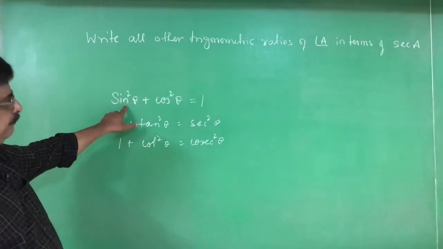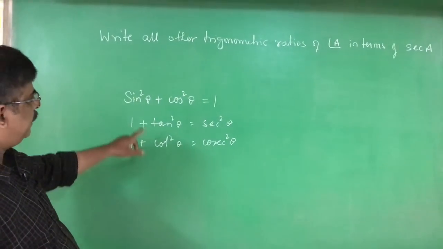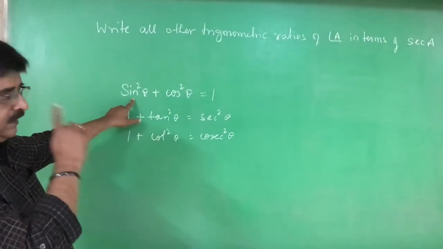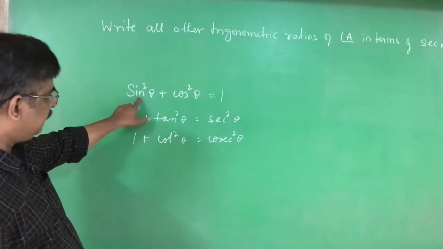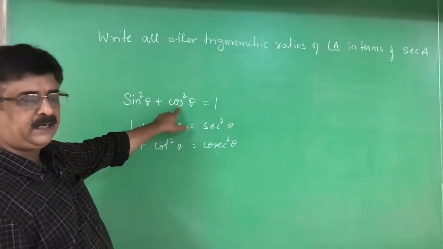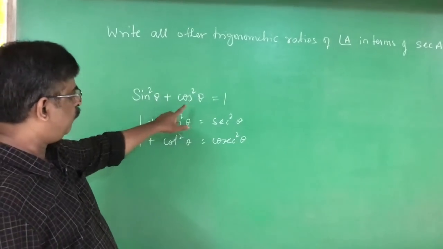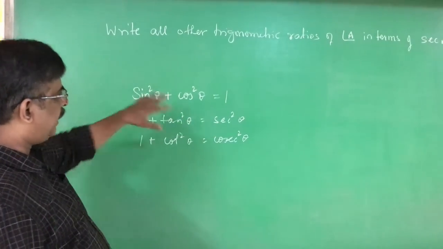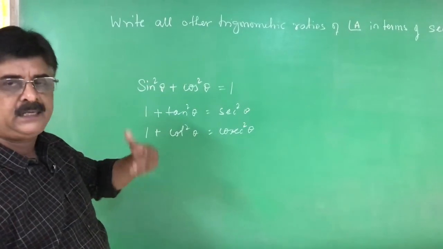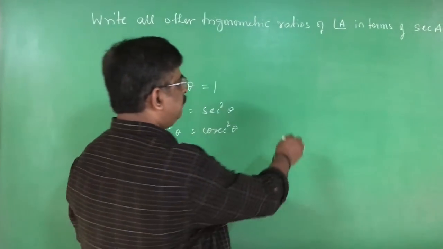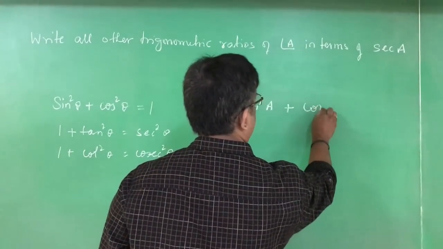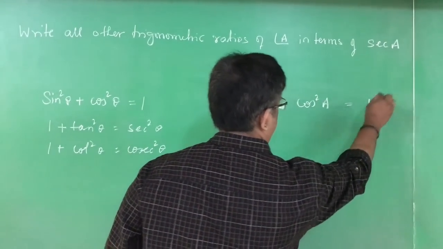See, I tell you this one. Why? Because I wanted to find the relationship between cosecant and secant. The sin theta is the reciprocal of cosecant. Cos theta is the reciprocal of secant. Therefore, I use this one to find the relationship between cosecant and secant by making both of them as reciprocals. What I do is sin square A plus cos square A equals 1.